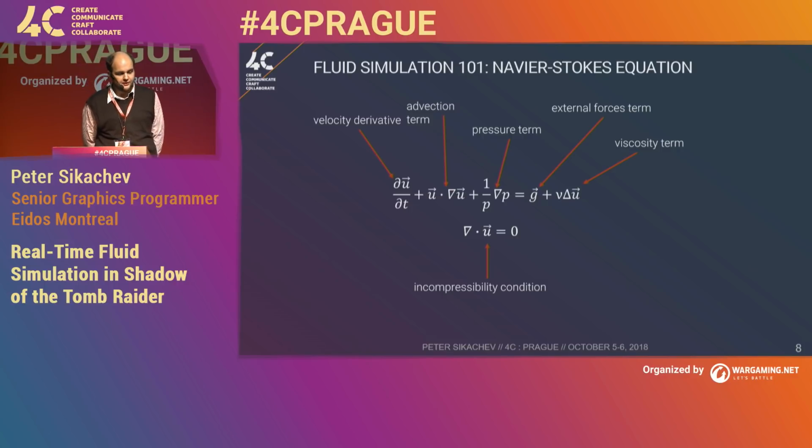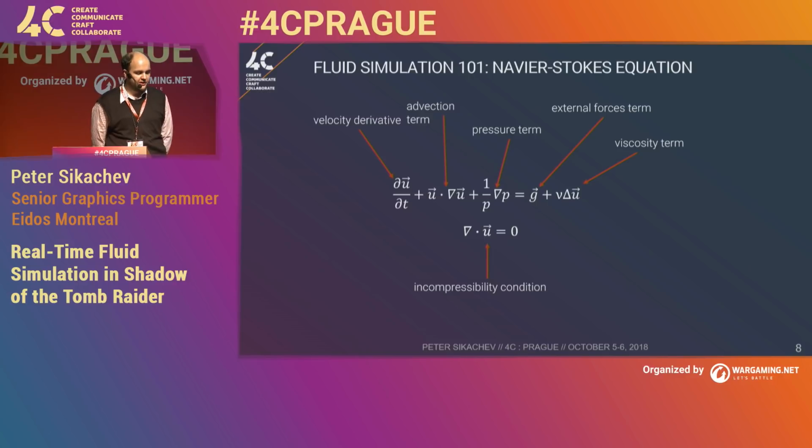On the right side of the equation, the G stands for all the external forces, including gravitation, if it matters, that affect the fluid. And then there is a viscosity term, which very often is not simulated because it makes computations harder, and because it's easier, as I will show, to simulate viscosity the other way around.